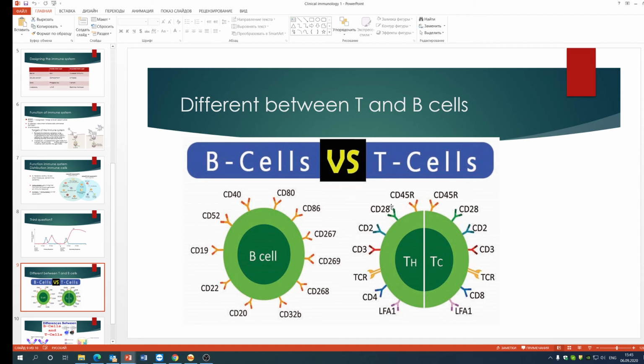About this one, remember that memory cells present receptors CD2 and CD3. T cells begin in the thymus, and their receptors and adhesion molecules differ only between CD4 as helper cells and CD8 as cytotoxic T cells.